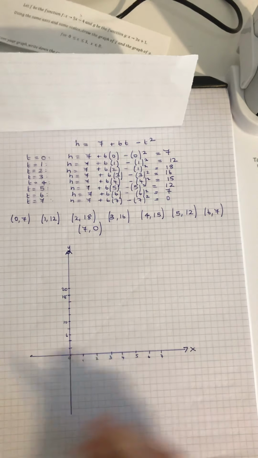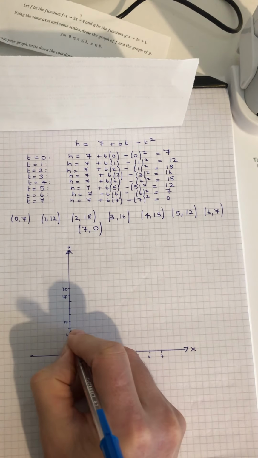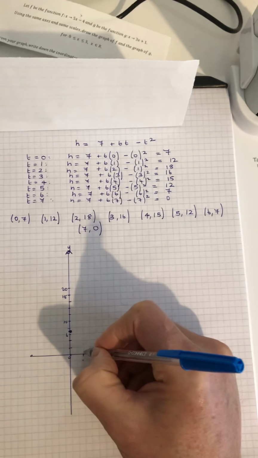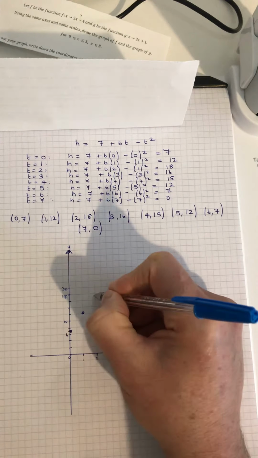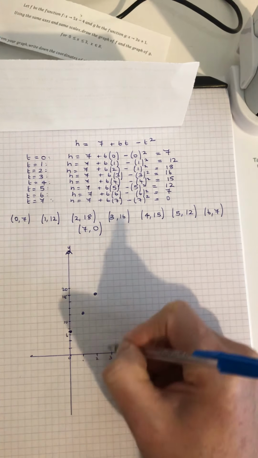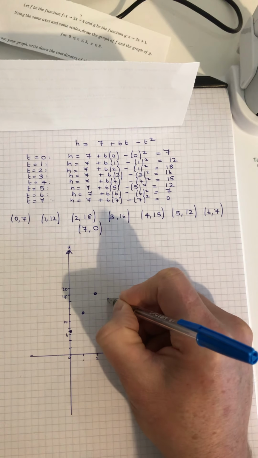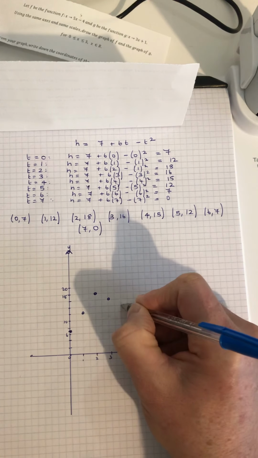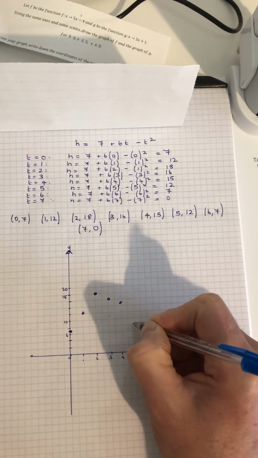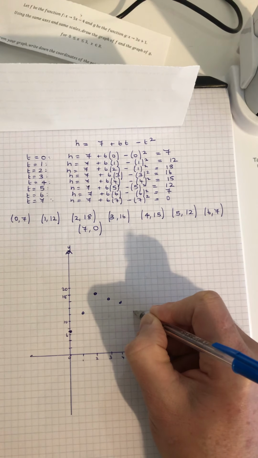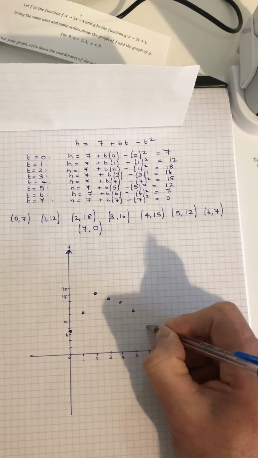So we're going to plot these points. 0 up to 7, somewhere here. 1 up to 12. 2 up to 18. 3 up to 16. 4 up to 15. 5 up to 12. 6 up to 7.